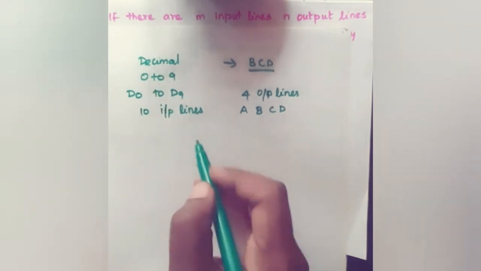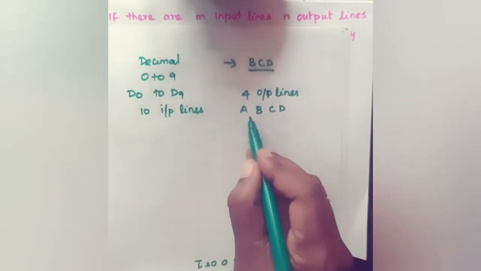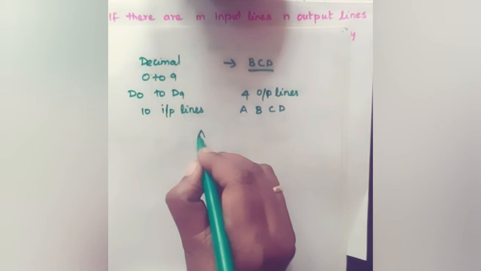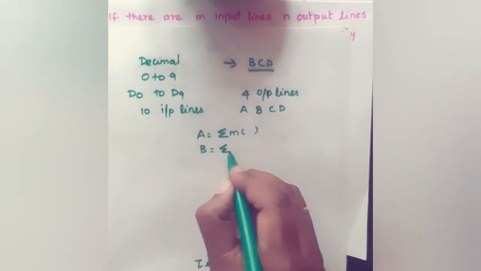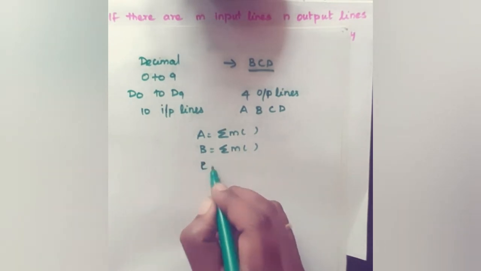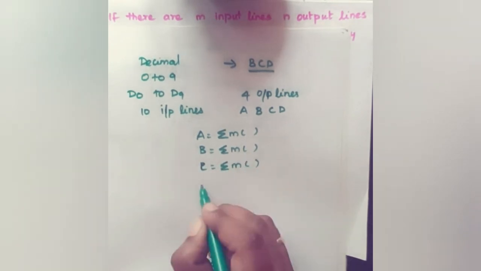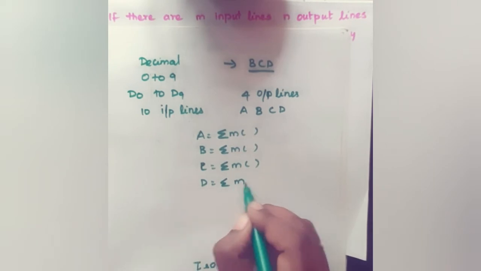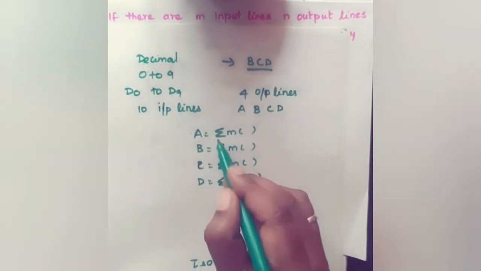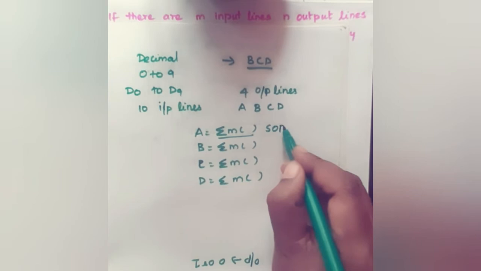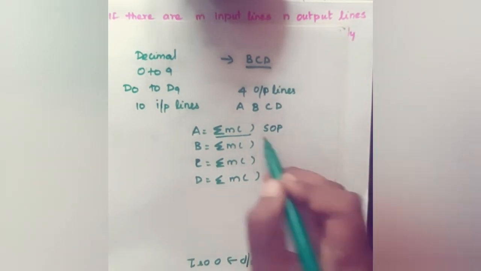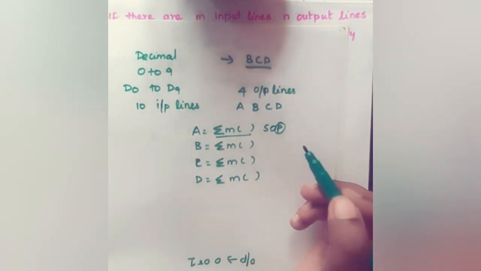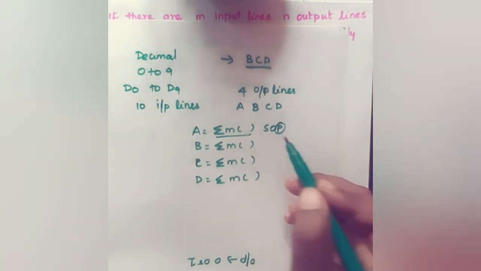To design this, we have to find the Boolean expression for each output. A is equal to a sum of minterms, B is a sum of minterms, C is a sum of minterms, and D is a sum of minterms. That is a sum of product terms. To implement it we need AND gates and OR gates. First we find the products, for which the number of AND gates equals the number of product terms.